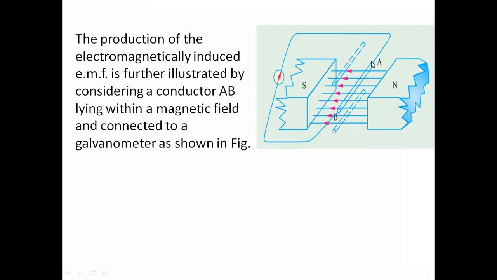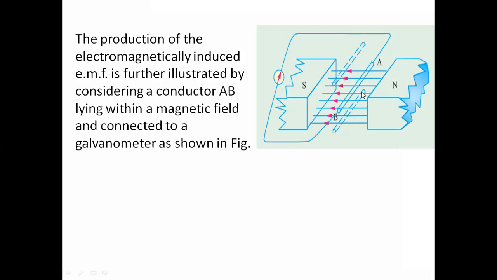Okay, see here, just placing this conductor in the magnetic field does not produce any EMF. So now the conductor should be moved up and down.